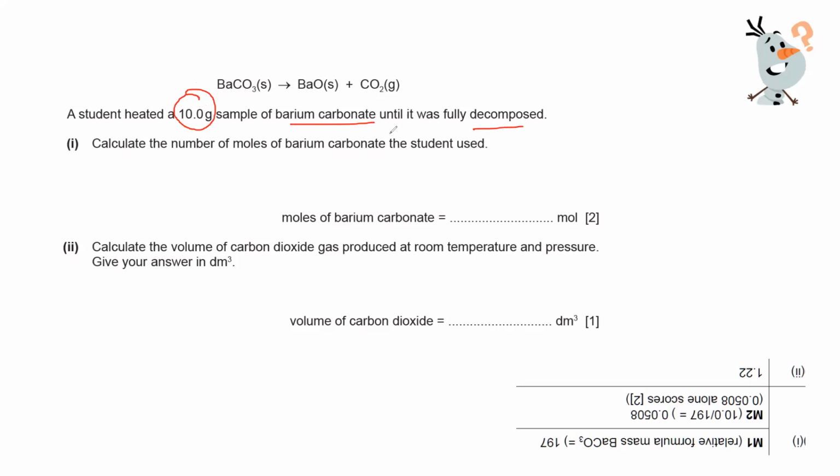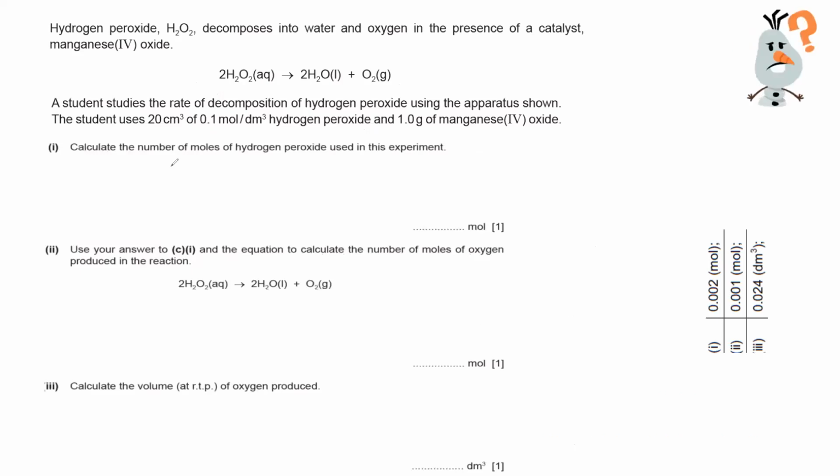Like in the previous question, first we have to find the moles. The volume was given, and the concentration is given. To get the moles, we use the formula concentration times volume.